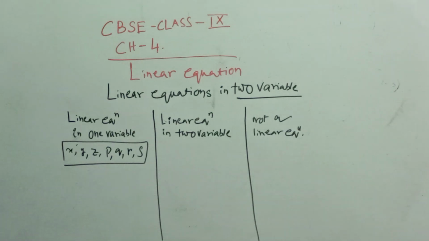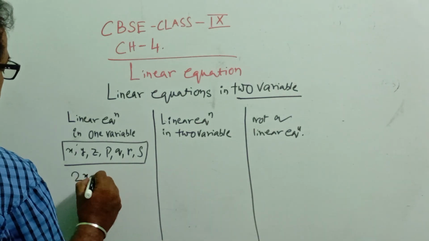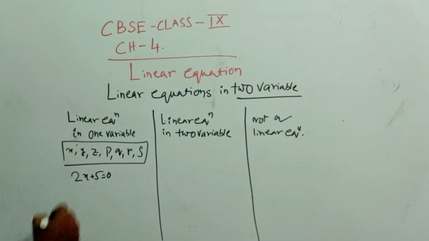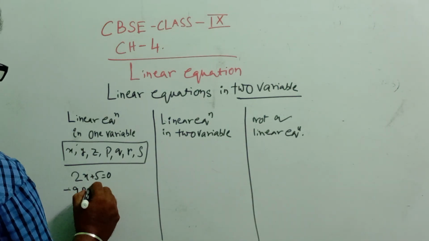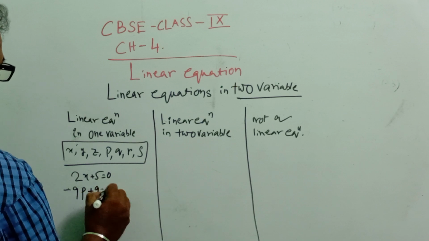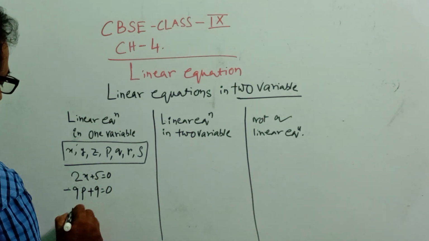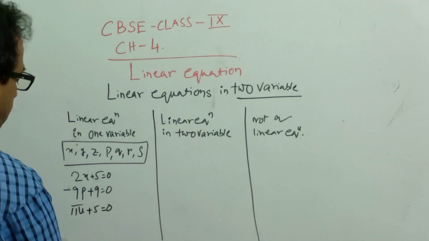Such type of equation, let's say 2x plus 5 is equal to 0, minus 9p plus 9 is equal to 0, pi u plus 5 is equal to 0.